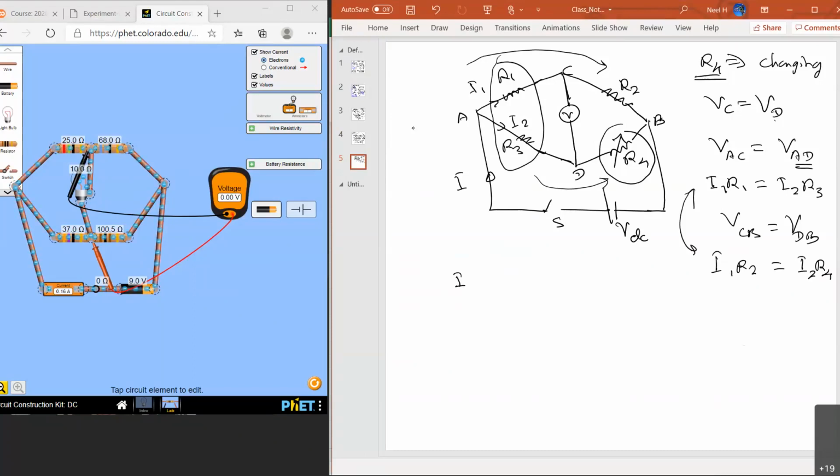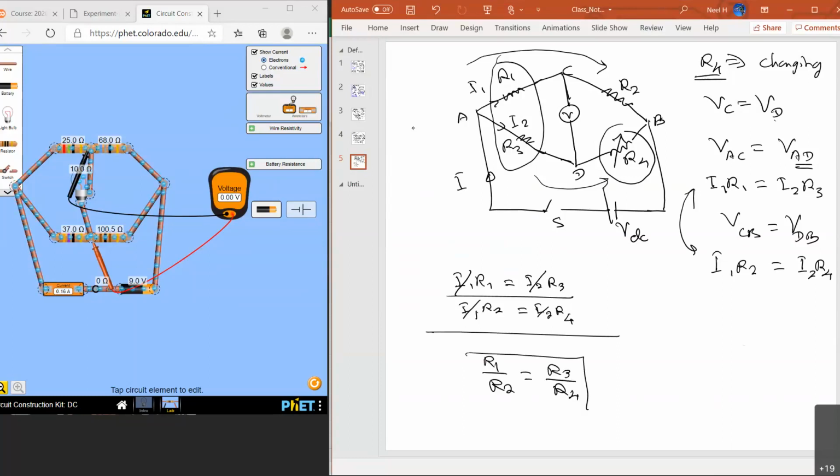I1 R1 equals I2 R3, divided by I1 R2 equals I2 R4. By dividing, the current cancels out, and you get R1 over R2 equals R3 over R4.